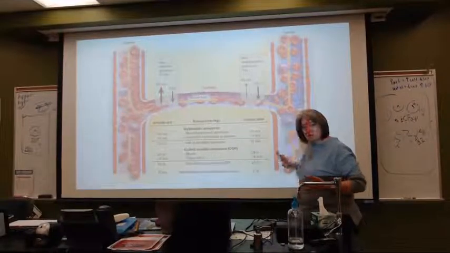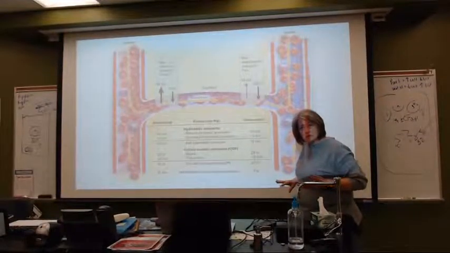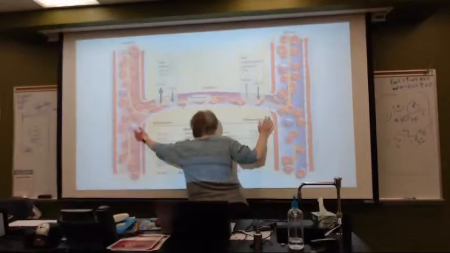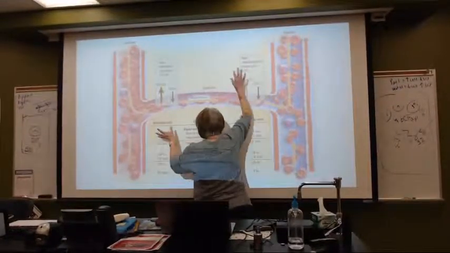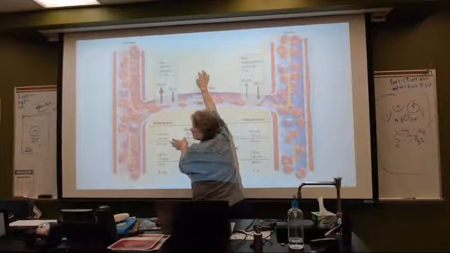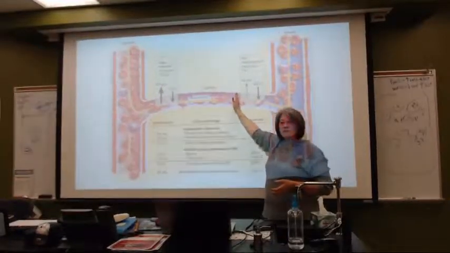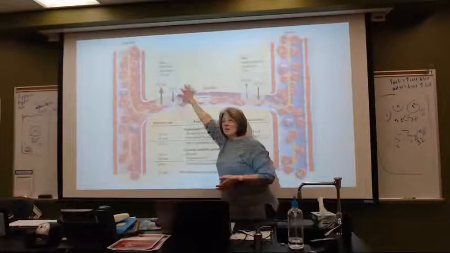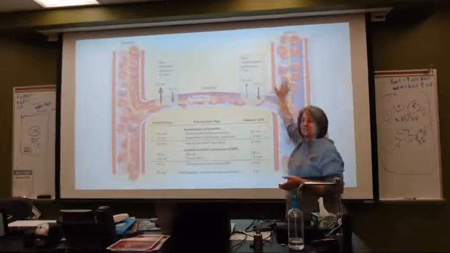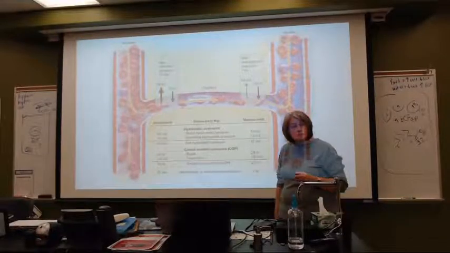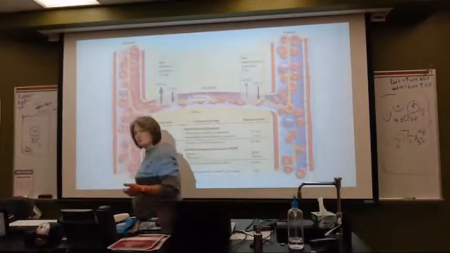Going from high pressures to low pressures. All right? So in between pressures in the vessel themselves and then pressure outside the vessels sets up the situation for materials to either move out or materials to move in. Which is kind of cool if you think about it.